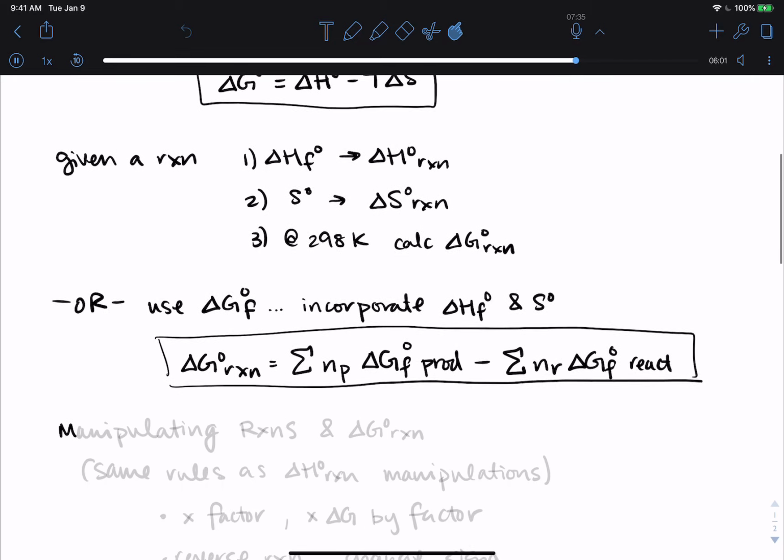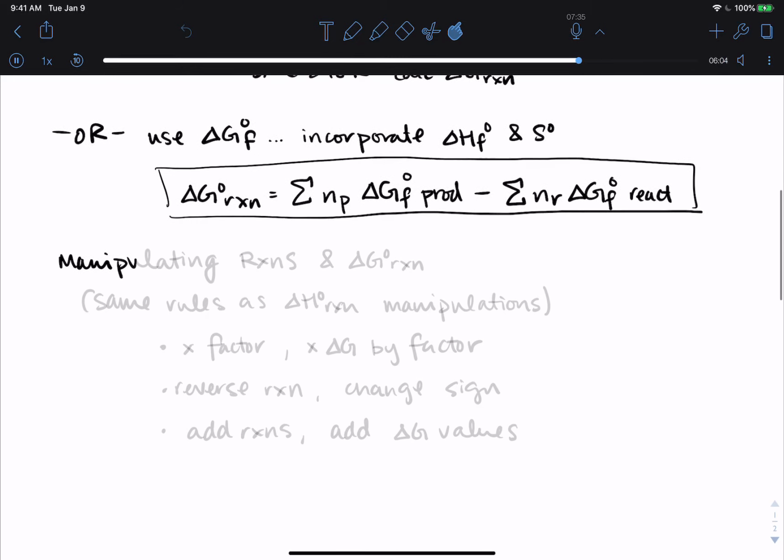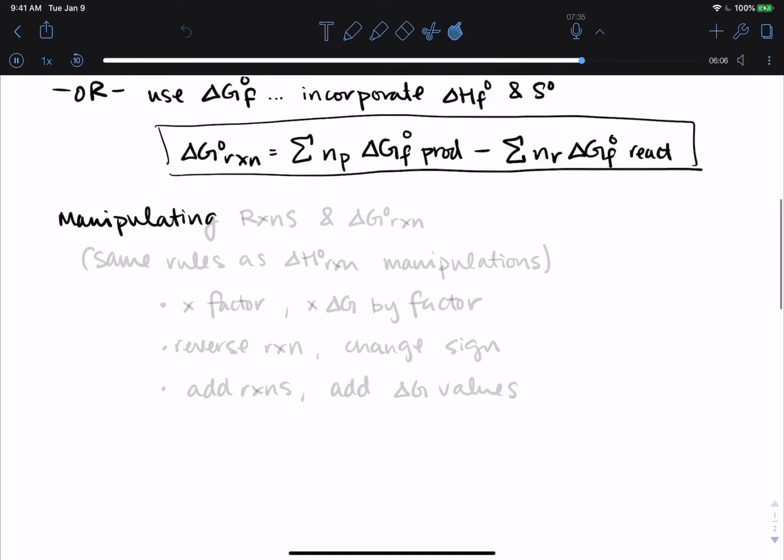There is one last bit about manipulating reactions, but these are rules that you already know and have used. So we are going to put this out here very quickly.